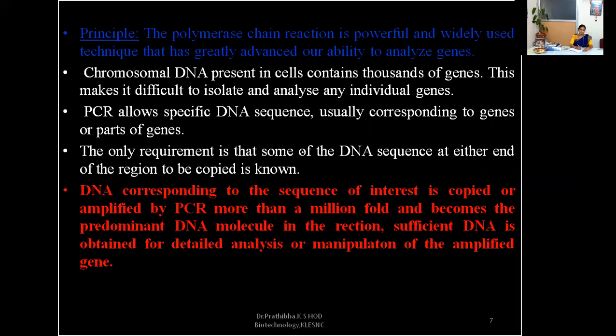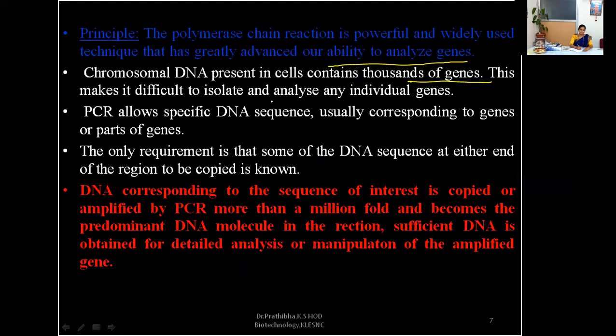Now let us go through the principle. The polymerase chain reaction is a powerful and widely used technique that has greatly advanced our ability to analyze genes. Chromosomal DNA present in cells contains thousands of genes.